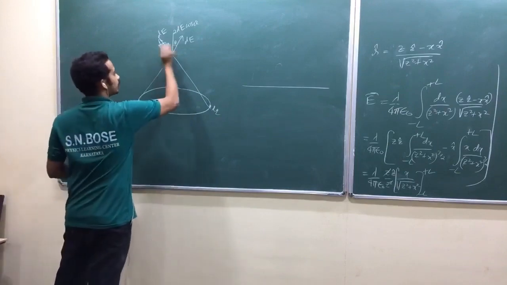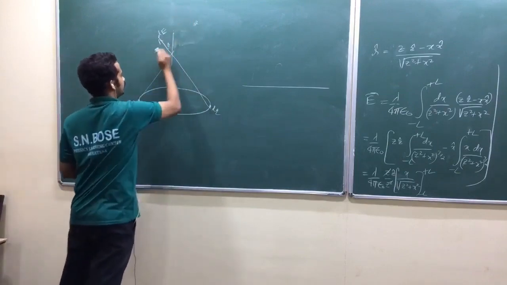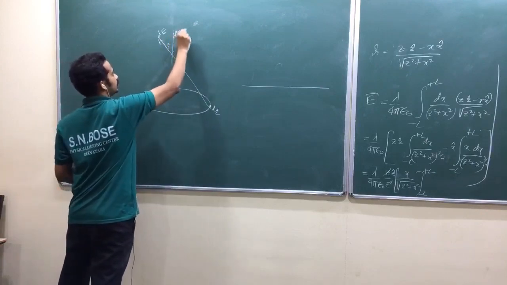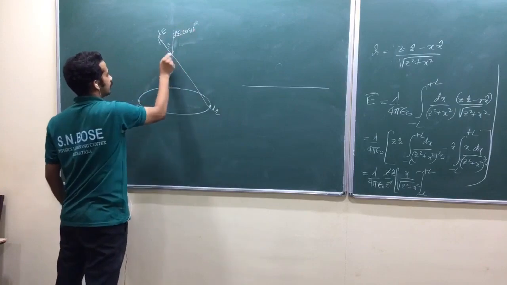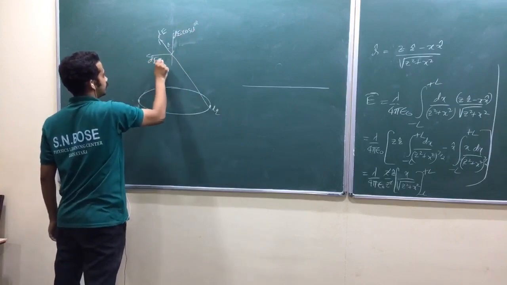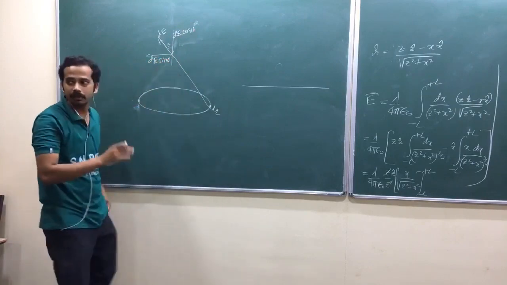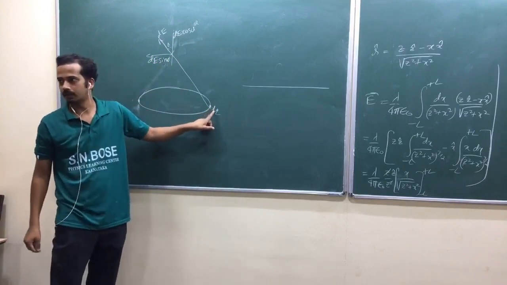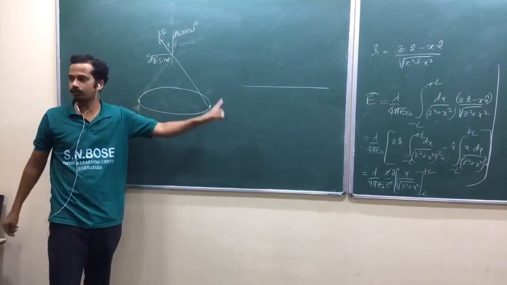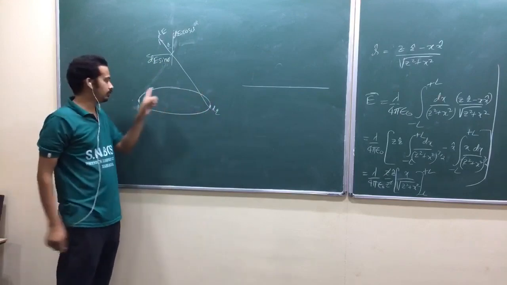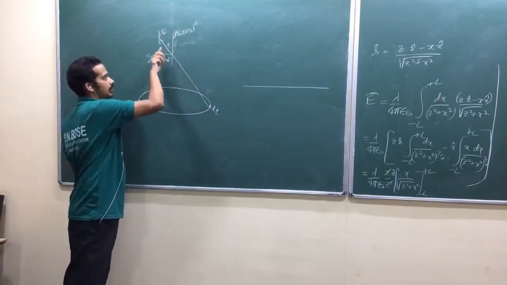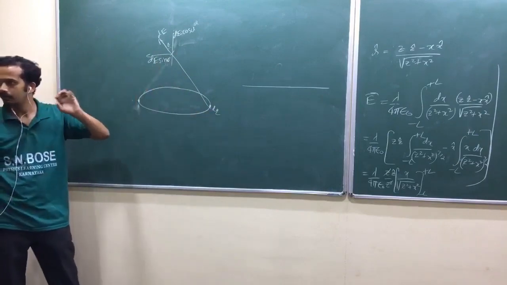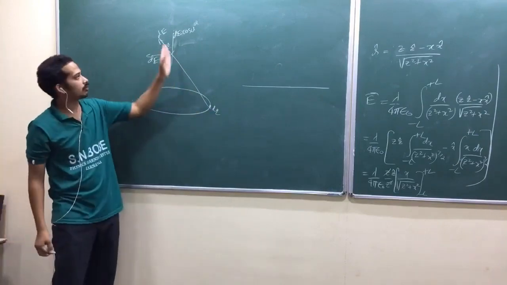If you have taken only one of these, now dE cos theta is your vertical component, dE sin theta is your horizontal component, but you have to argue and then move on. You have to argue for this elemental charge. Obviously, you are going to move this one throughout that one. Am I right? So when you come here, you will get again a horizontal component, which will cancel out its effect. You have to comment and then you have to move on. You have to add only the vertical component.